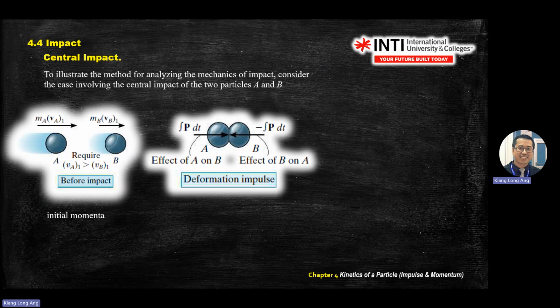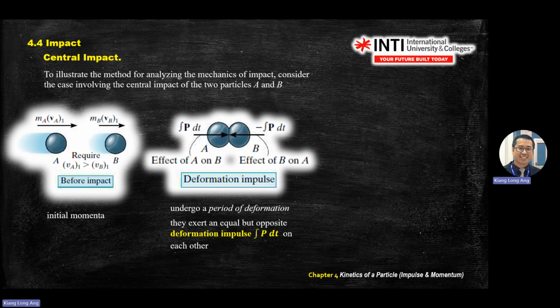Elastic means the energy will bounce back, meaning it is able to return to its original form. So when A chases B, they meet and squeeze each other, and there is a change of shape. In this case, we call it deformation impulse. Deformation impulse is force multiplied by time, just the same as before. When there is a deformation, there is an impulse, but in different directions.